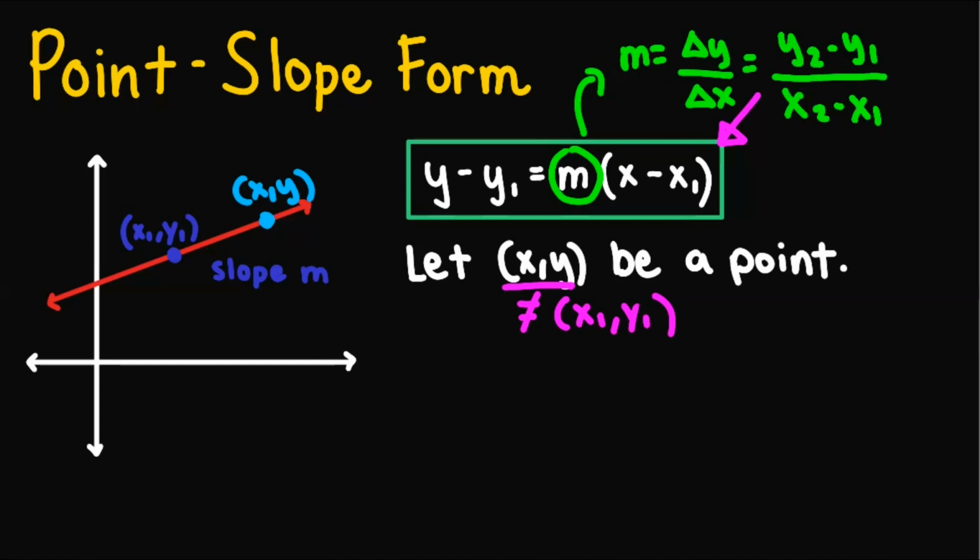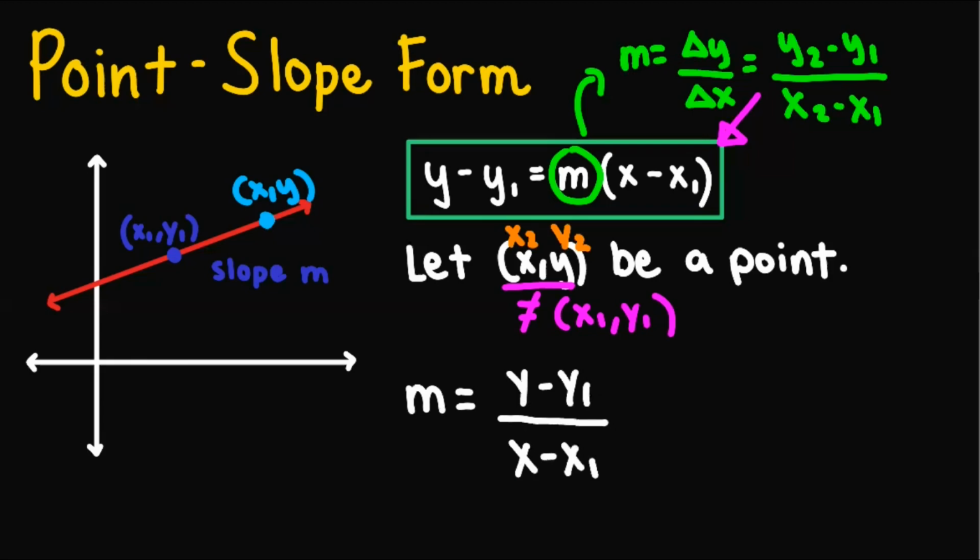Since we are already given the x sub 1 and the y sub 1, what we do is we set our chosen points to be x sub 2 and y sub 2. Then, by the formula, we'll have m equal to y minus y sub 1 over x minus x sub 1.